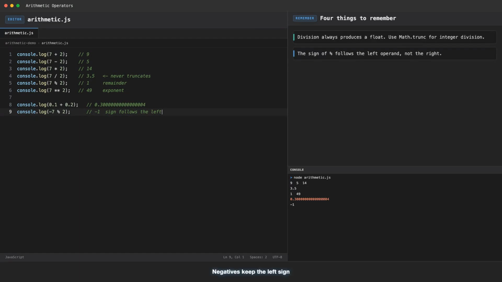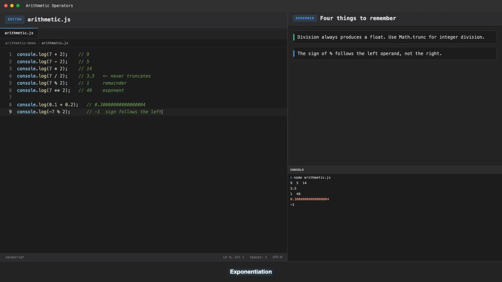But JavaScript returns -1 instead. The sign of the result follows the left-hand operand. That makes this a remainder operator, not a true modulo. A real modulo would always return a positive result. Most languages made the same choice, so it is consistent. But it bites when cycling backwards through an array.